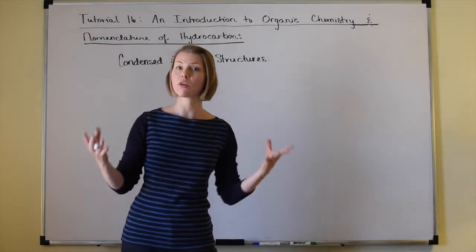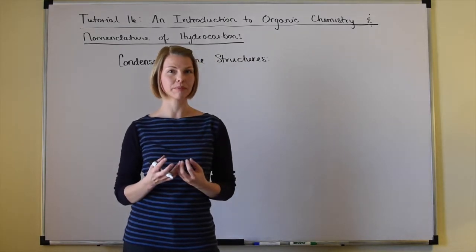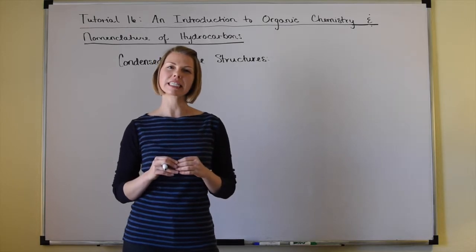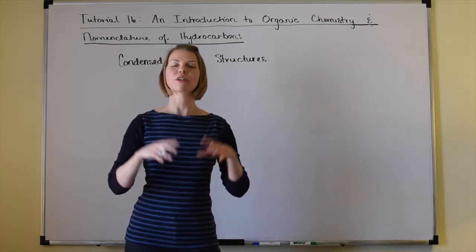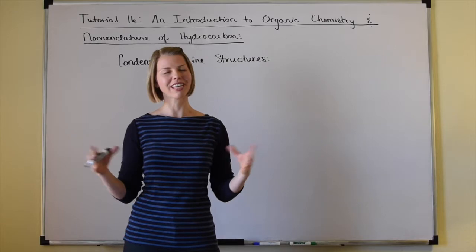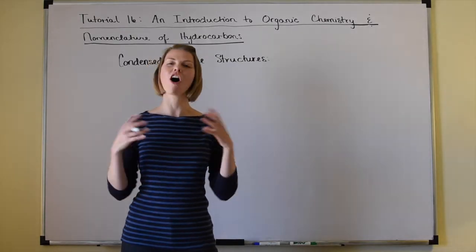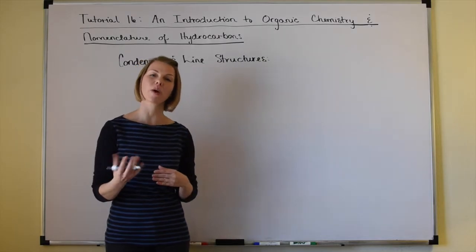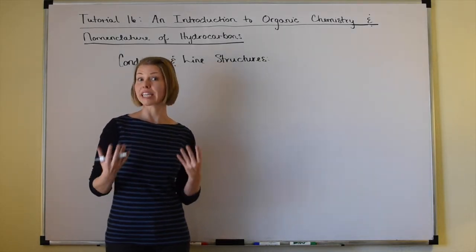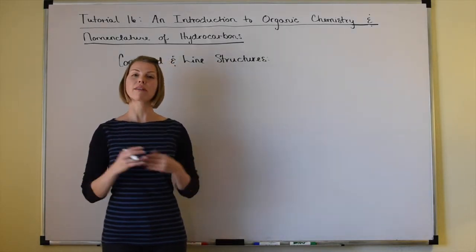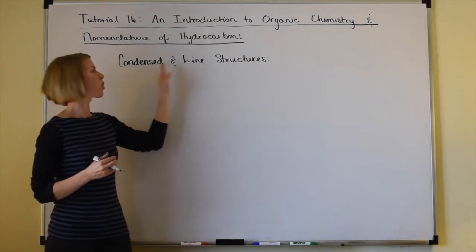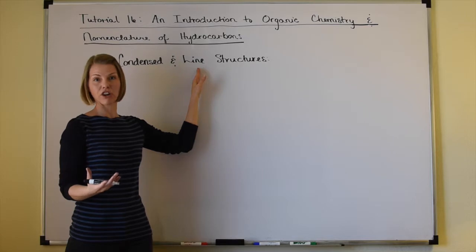It's going to show how those atoms are connected. But we've already seen how this can get very tedious when you're drawing larger molecules and you have to draw in all of those atoms and all of those bonds. And so chemists have a much faster way to draw organic compounds. We have 2 other choices. We can draw condensed structures or we can draw line structures.